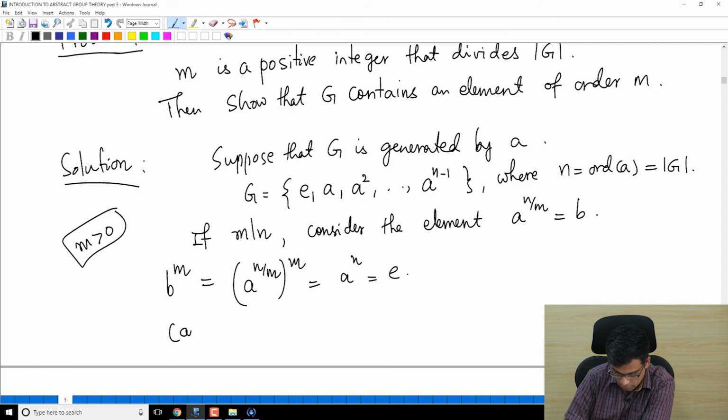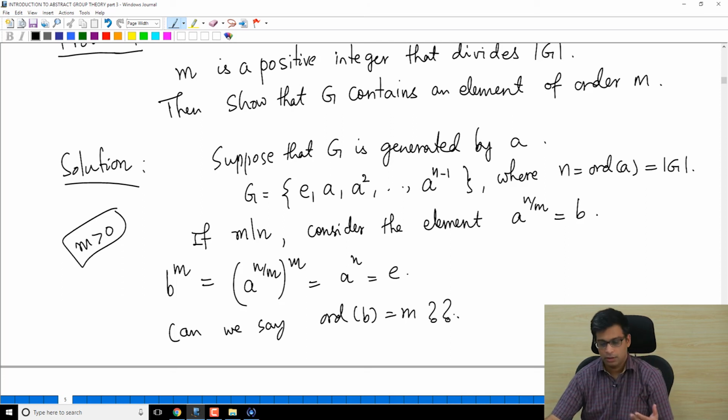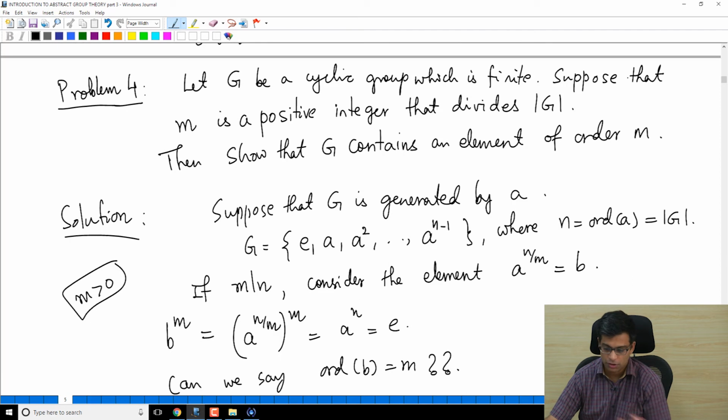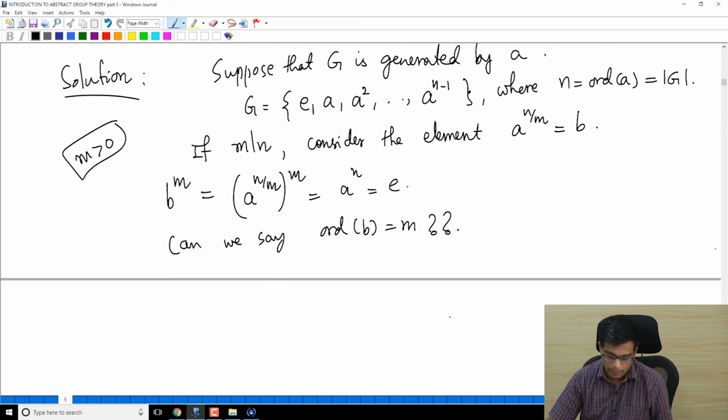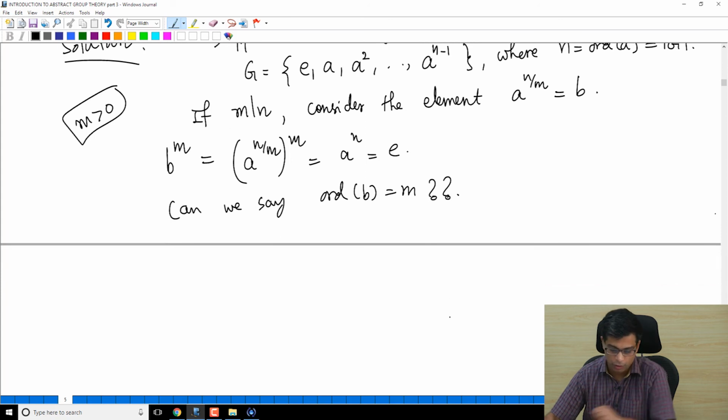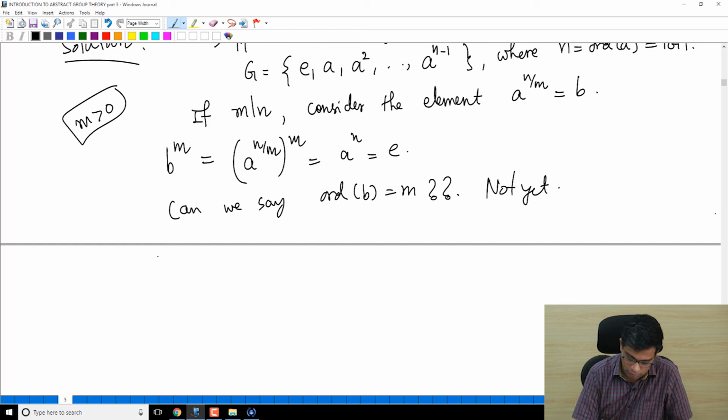Can we say the order of B is m? If so, we are done, right? Because we are trying to show that G contains an element of order m. But actually we cannot right away say this. In order to say the order of B is m, we have to say more. What is the order of B?